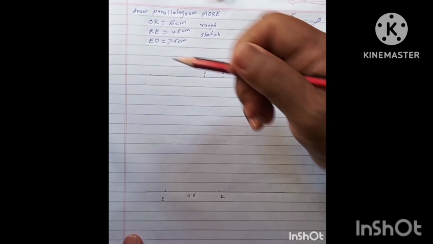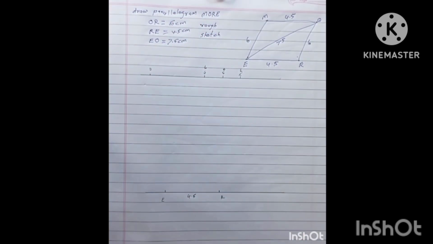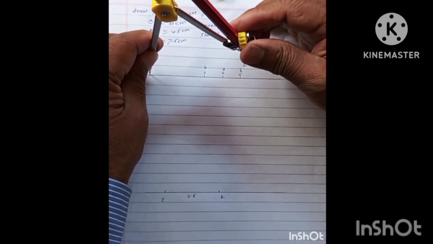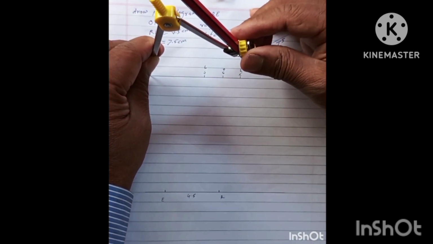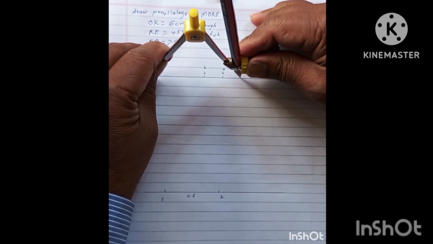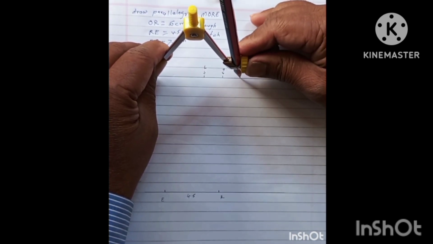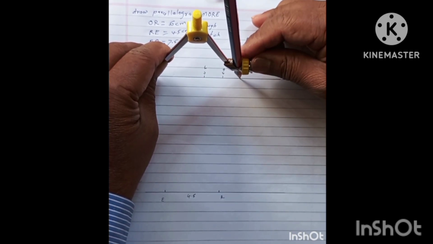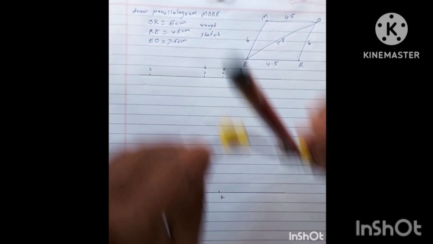Okay, now what you are drawing, O, 7.5. See, don't go for any approximation, take it exactly. Okay, see, I'm taking it exactly.